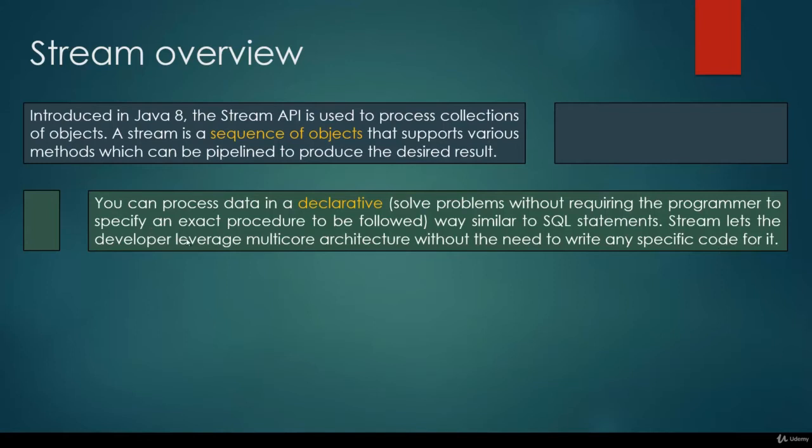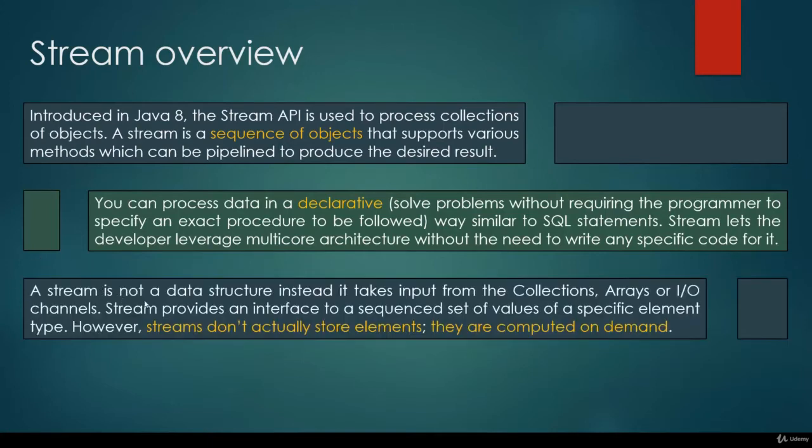So it is extremely important that with the help of streams, we are able to do parallel programming very easily. What's crucial is that a stream is not a data structure; instead it takes input from a collection, array or an input-output channel, and the stream provides an interface to a sequenced set of values of a specific element type.